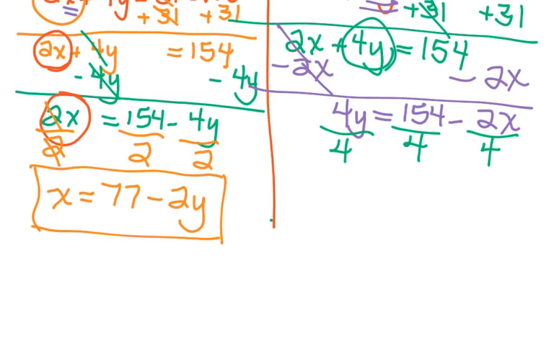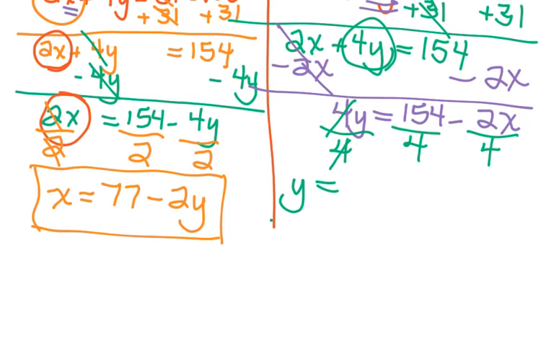Now this is where I'm going to show you different ways to represent this, but I want you to note that as I work on the right-hand side, these are all going to be equivalent. The very first thing I'm going to do is that I know 4y divided by 4 is going to give me 1y.